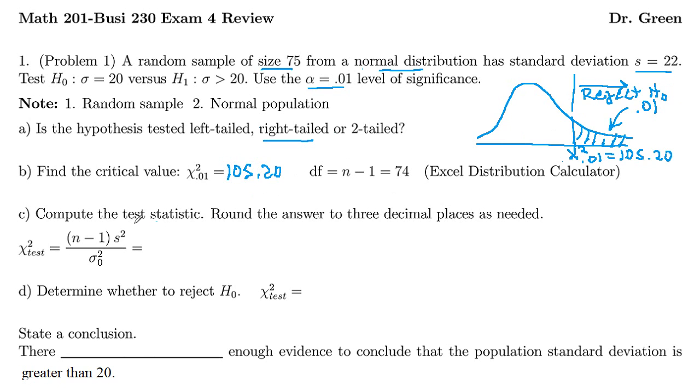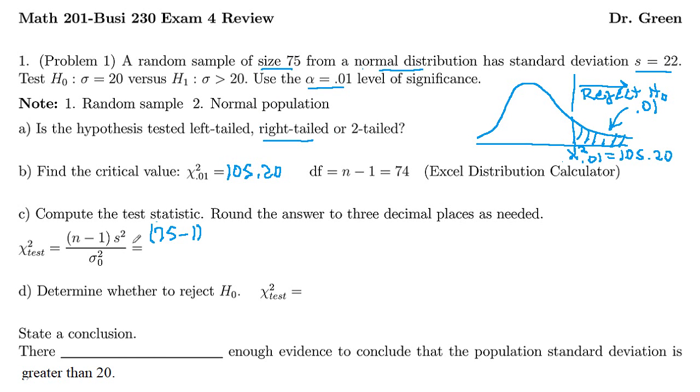So let's go ahead and compute the test statistic. So remember, if you're testing standard deviation against a fixed value, your test statistic is sample size minus 1, times sample standard deviation squared, over the hypothesized standard deviation squared. So our n minus 1, that's going to be 75 minus 1, because our sample size is 75.